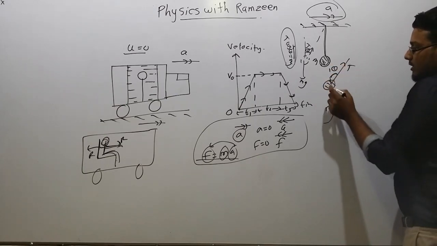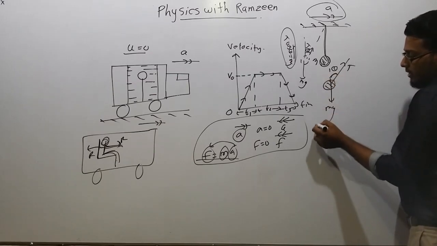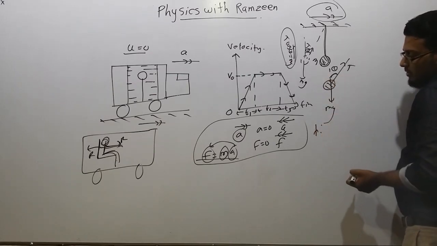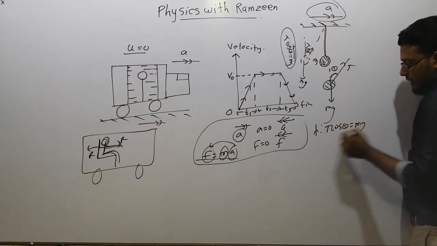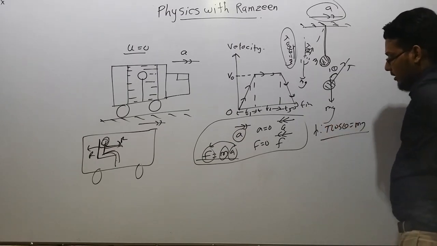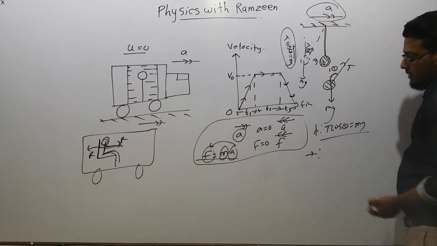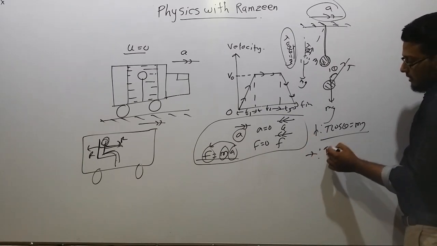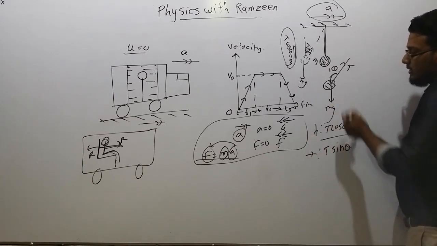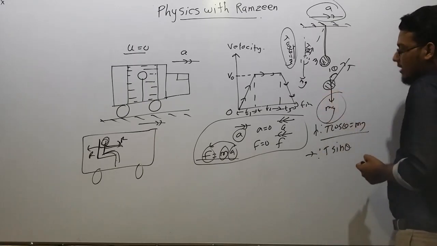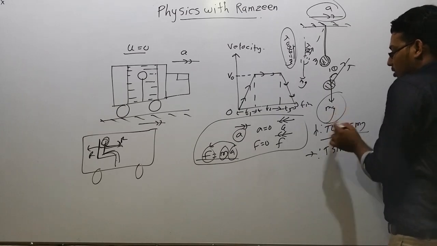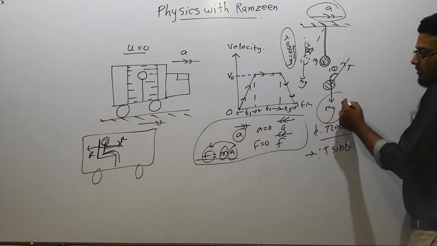Then I can say T cos theta. When we consider the vertical direction, T cos theta balances the weight of the mass, and when we consider the horizontal direction, T sin theta is not balanced by any force, because the weight is already balanced.